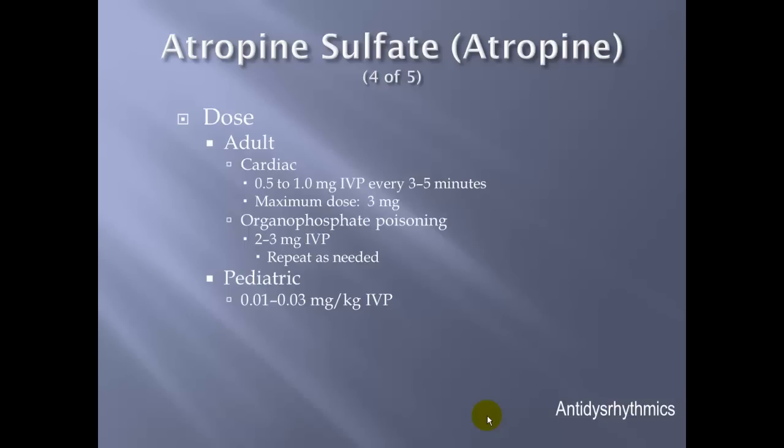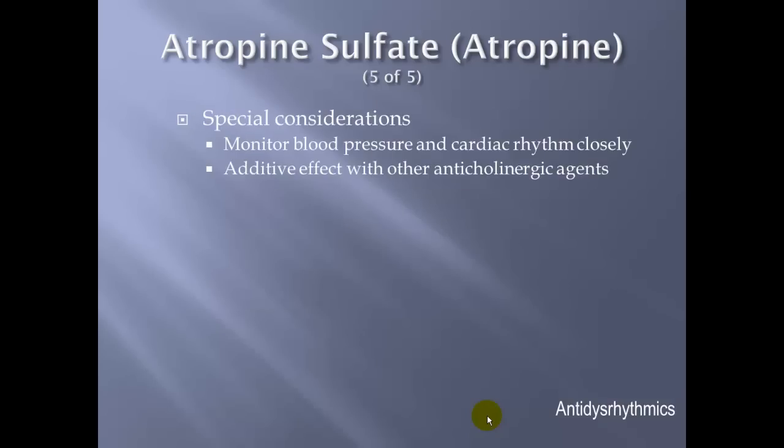In organophosphate poisoning, 2 to 3 milligrams IV push, and there's no max dose on this. Repeat as needed. In the pediatric patient, 0.01 to 0.03 milligrams per kilogram IV push. Special considerations: monitor blood pressure and cardiac rhythms closely. Additive effect with other anticholinergic agents.